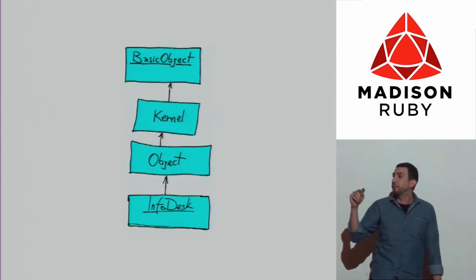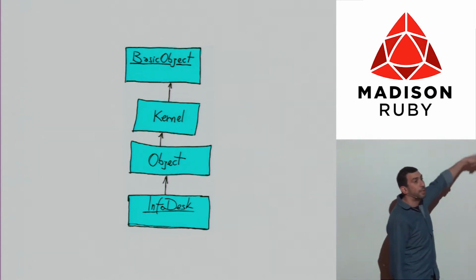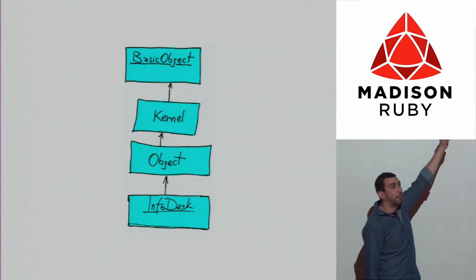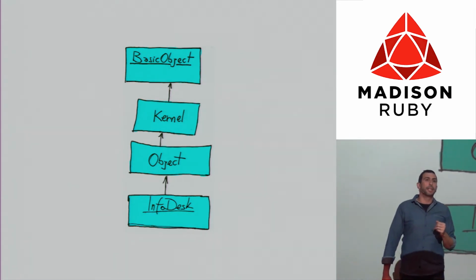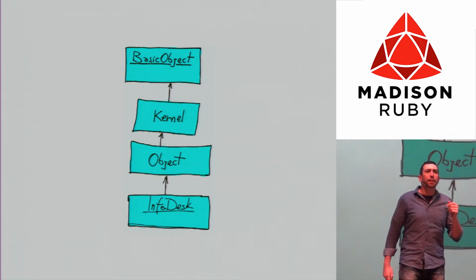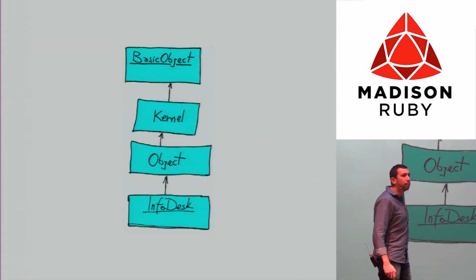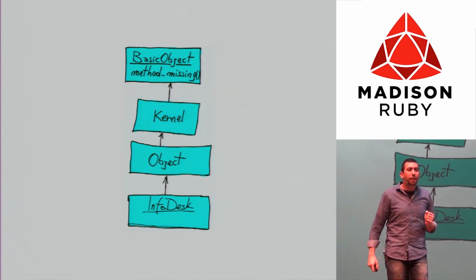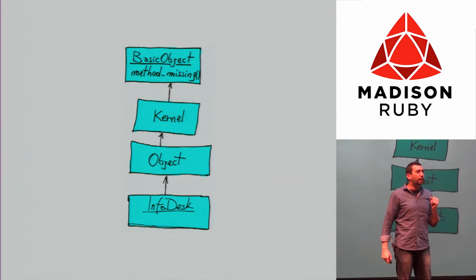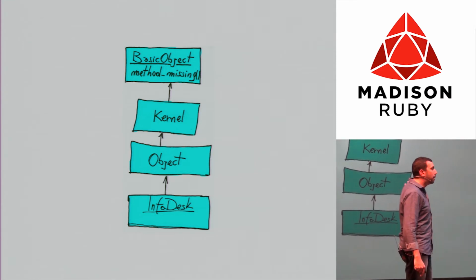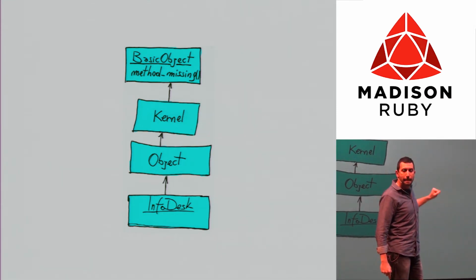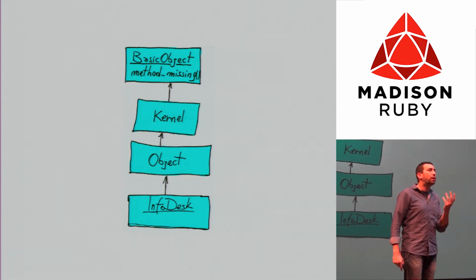And if it cannot find the method, it will start walking up the chain to look for the method. And if it gets to the top of the chain and it still cannot find the method, it does something funky. It starts from the bottom again, and it looks for a method named method_missing. And it goes up the chain again a second time, and it will find that method this time around because there is a method_missing in BasicObject. And that's where NoMethodErrors come from.